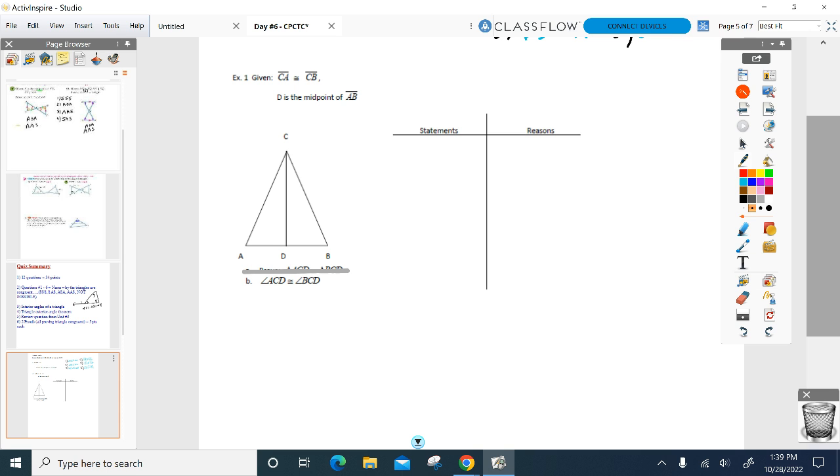All we're doing today is taking our triangle proofs and making them a step longer. You cannot prove those 2 angles congruent unless the triangles are congruent first. So let's do that. This is great practice for Monday's quiz, proving triangles congruent. CA is congruent to CB. D is the midpoint of AB.